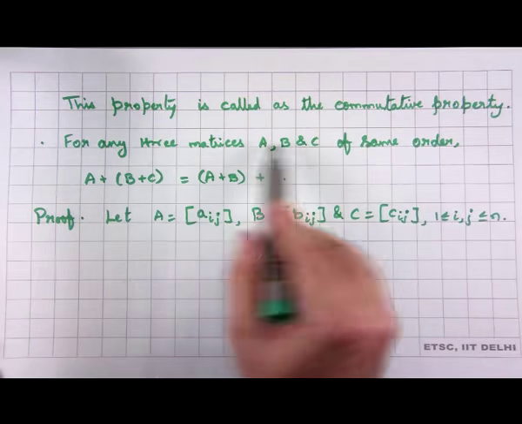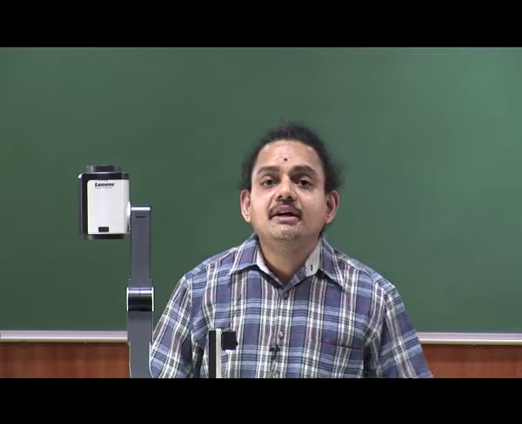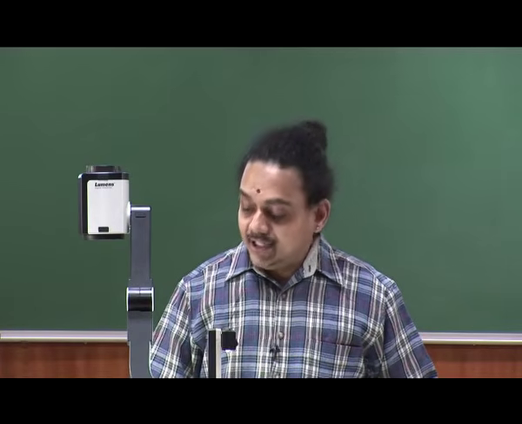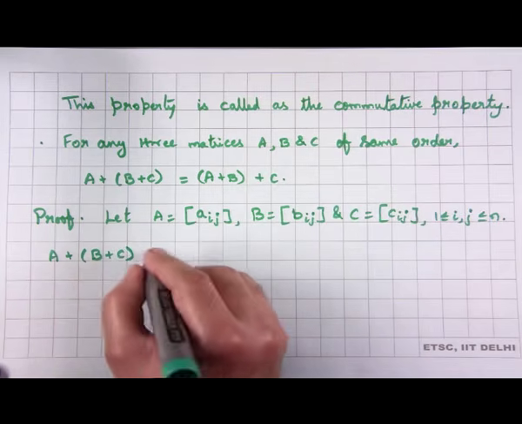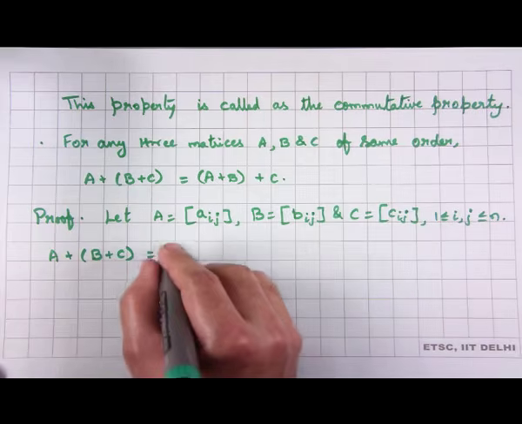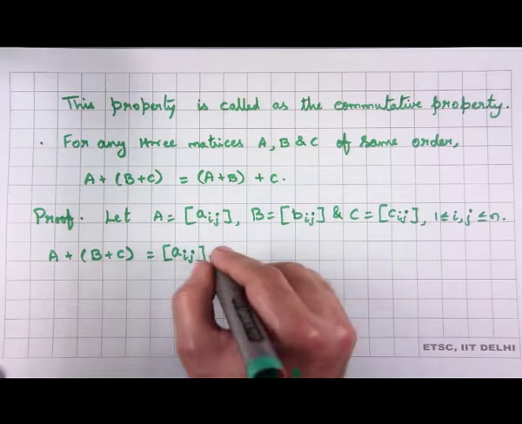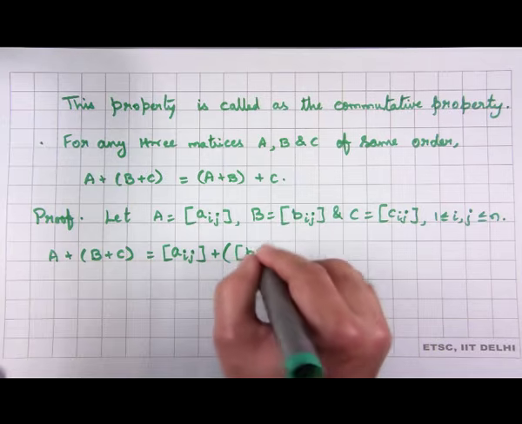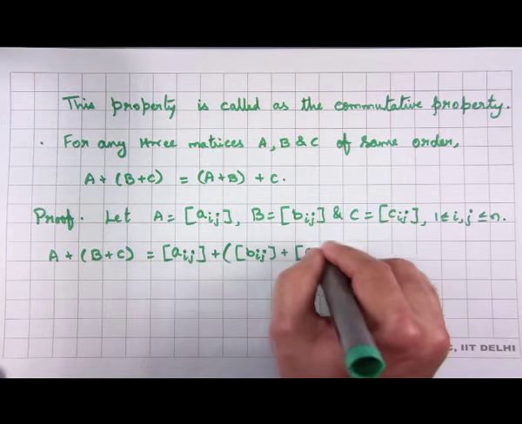Because all three matrices are of the same order, this is possible. That means we are assuming that A, B and C are any three matrices of order n by n. Now, what we wanted is A plus (B plus C), which is equal to adding the matrix A with entries a_ij plus the matrix with entries b_ij plus the matrix with entries c_ij.